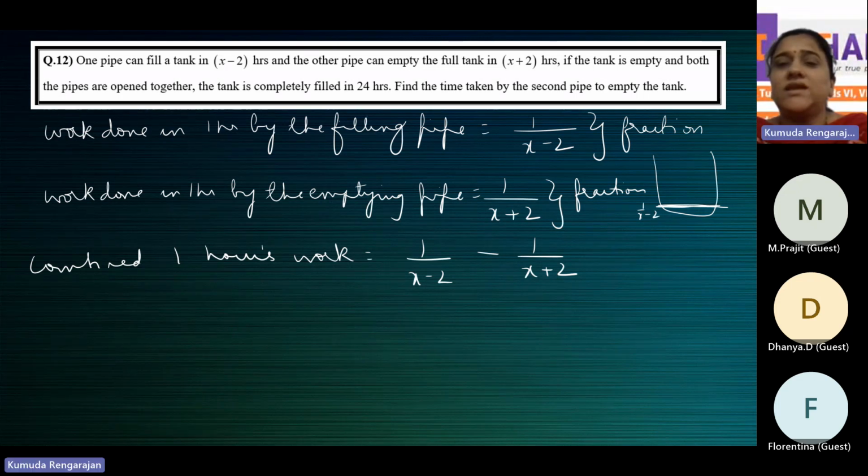It's like I'm dropping money inside the piggy bank and my husband is spending money from the piggy bank. I'm saving and he's spending. So we're doing opposite actions, so you have to subtract. You cannot add what I'm putting in and what he's spending.